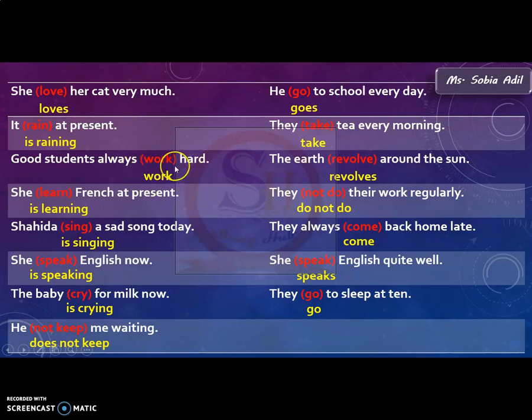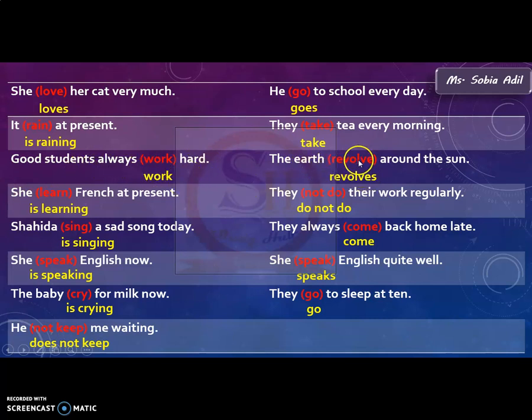Now this one is again a factual statement, right? Always work hard is telling you that this is a habitual, daily basis activity. So this is a fact and you do not need to change it. This will remain the same. Indefinite tense: good students always work hard.